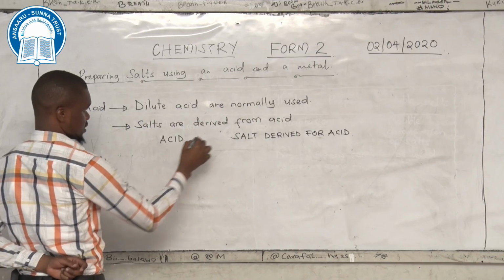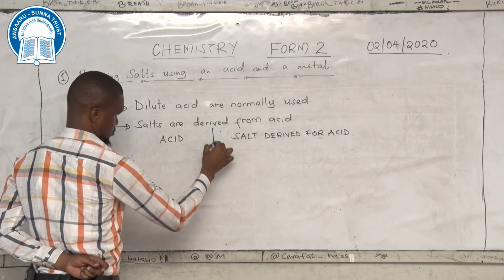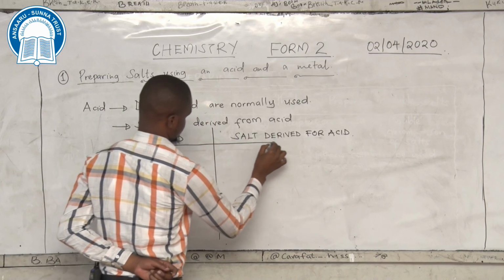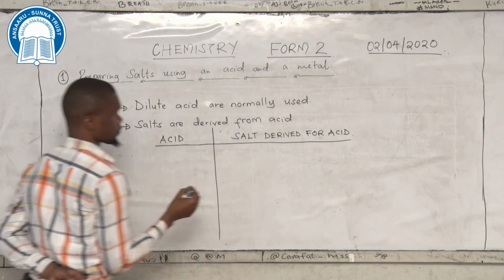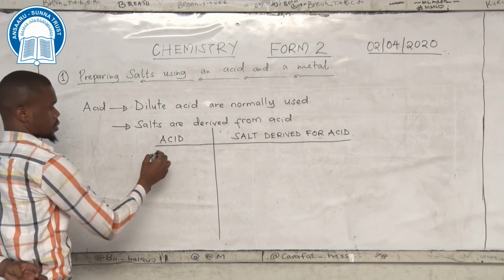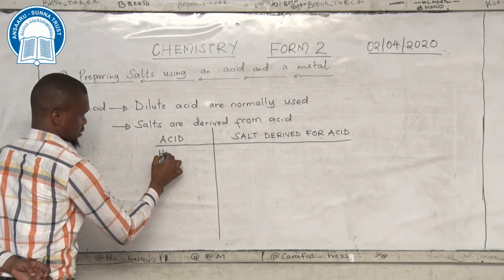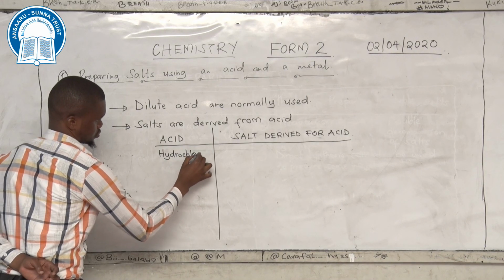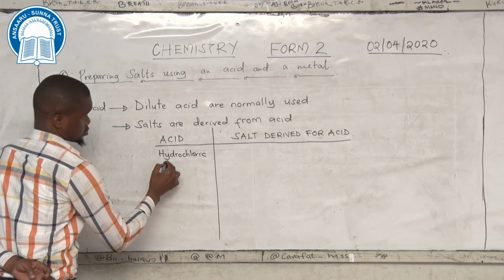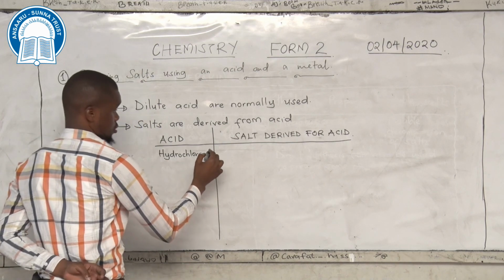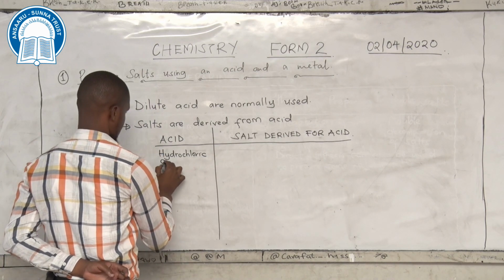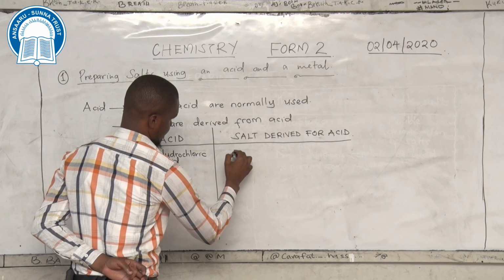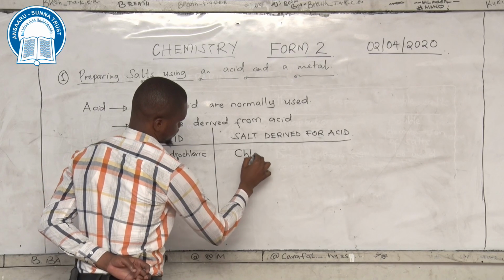Let's just make the table so that we are together. I want us to flow together here. If the acid is hydrochloric acid, the salt that will be formed is a chloride.